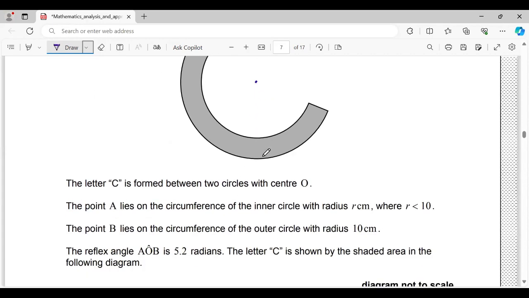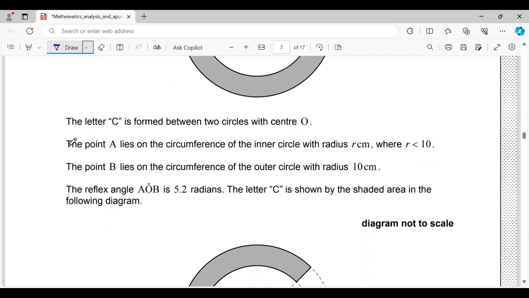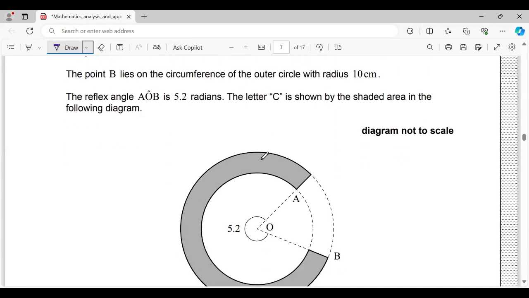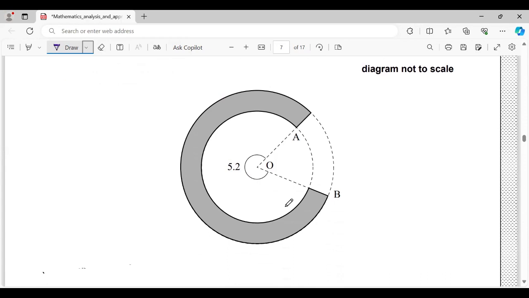The point A lies on the circumference of the inner circle with radius r cm, where r is less than 10. The point B lies on the circumference of the outer circle with radius 10 centimeters. The reflex angle AOB is 5.2 radians. The letter C is shown by the shaded area in the following diagram. This is the condition.